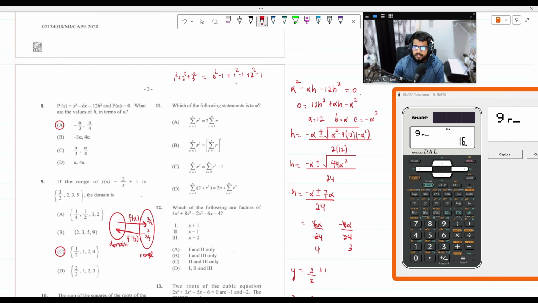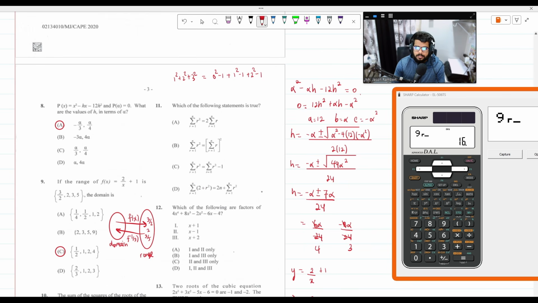Because we will end up with minus 1 right through, and we will still end up with 1 squared plus 2 squared plus 3 squared plus 4 squared, but we will have to minus 1, then minus 2, then minus 3, and so on. So we're going to have to take away something from the original summation, which is not what we want. So the last one, when I split up the summation, this here is going to be 2n.